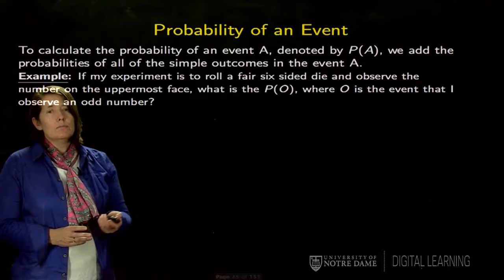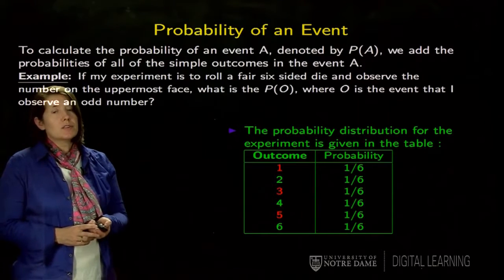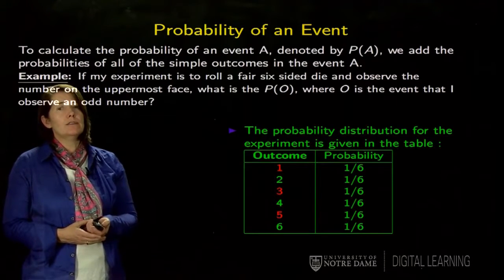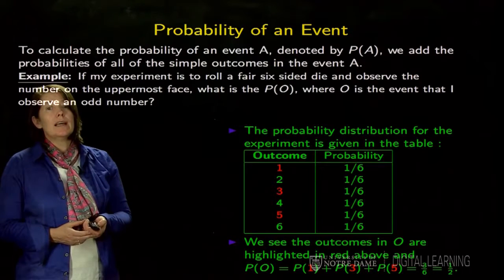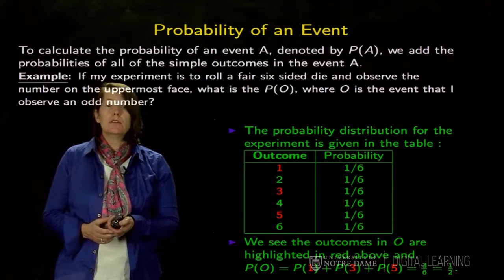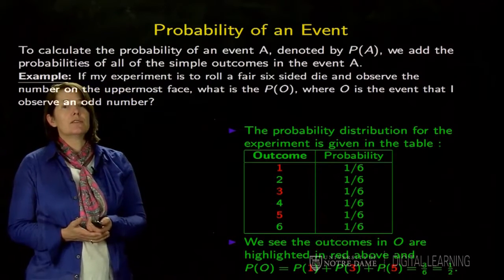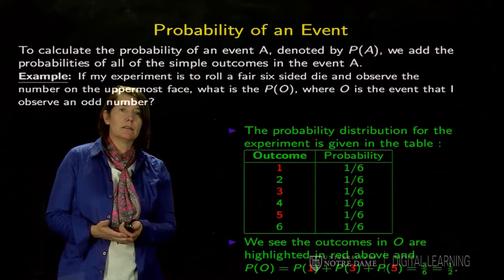Well, let O be the event that the number is odd. Then O corresponds to the sublist 1, 3, and 5. And to calculate the probability of O, I add the probabilities of those three outcomes. So I get 3 times 1 over 6, or 3 over 6, which is 1/2, which is probably what you expected.